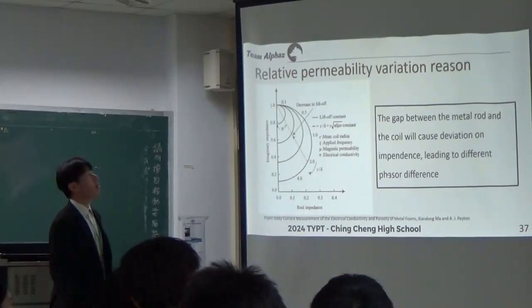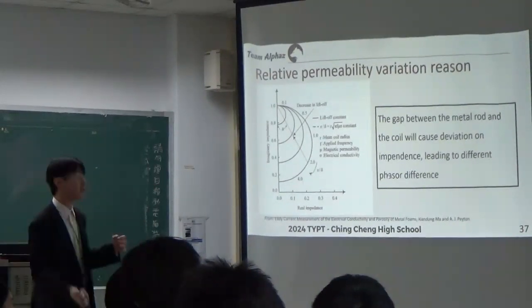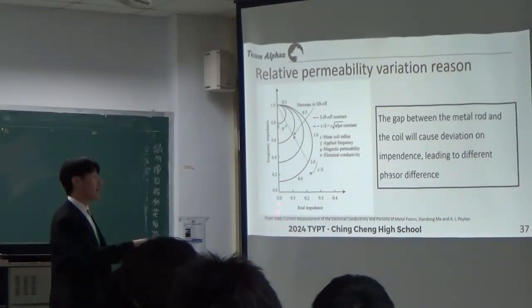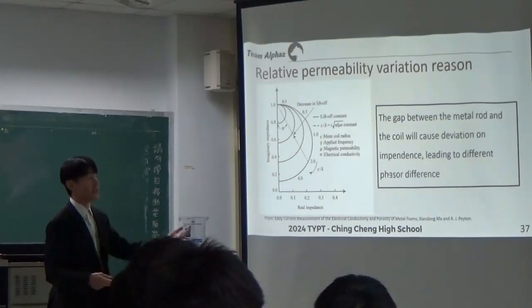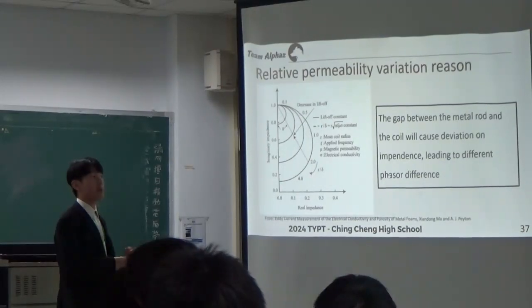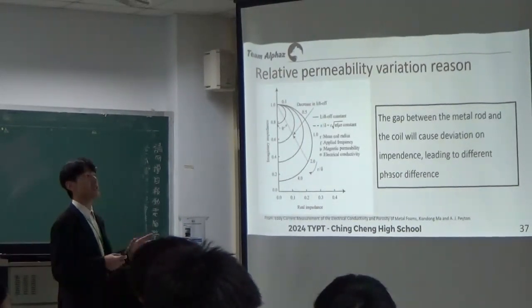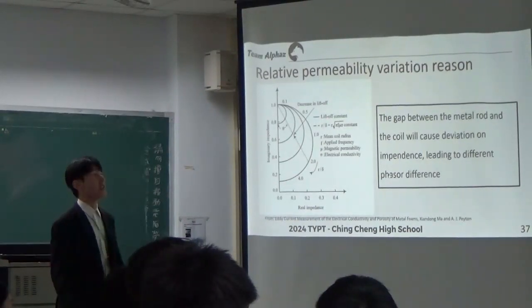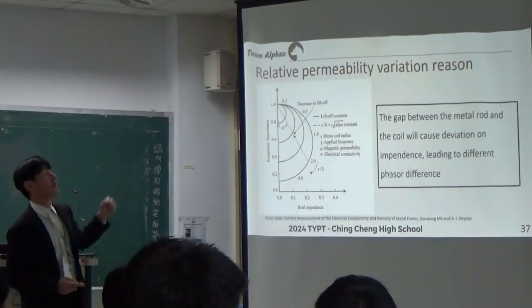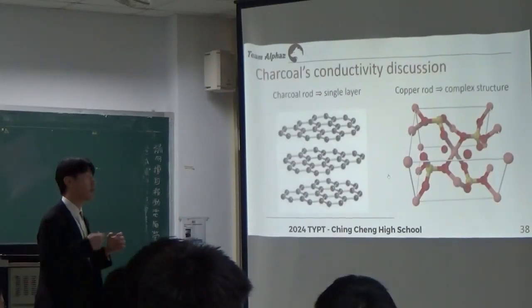And about the relative permeability variation, we found a thesis that supports this: the gap between the metal rod and the coil will cause deviation in impedance, which will lead to a different phasor difference, and that is what affects the calculation results and the experimental results.